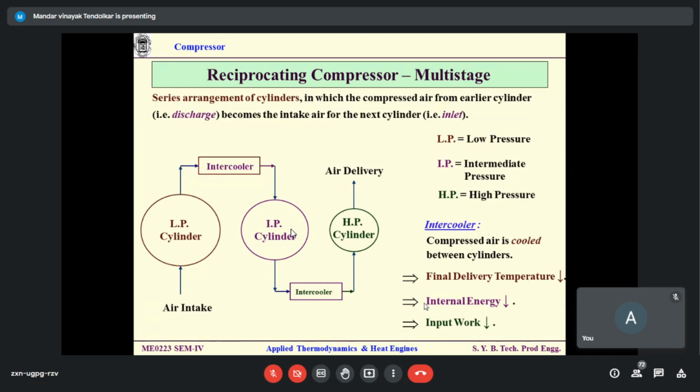Unnecessarily compressing at higher pressures and higher temperatures will naturally require much more work. So if I reduce the temperature to 27, why is it required to reach 100 and 200? I will bring it back to 27. Again 100, again bring it back to 27.